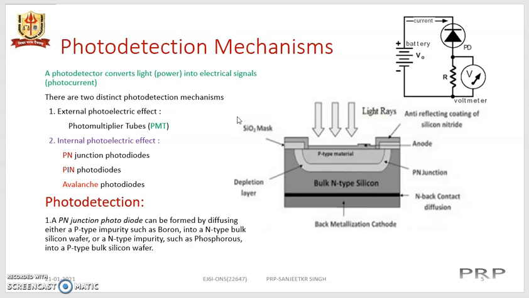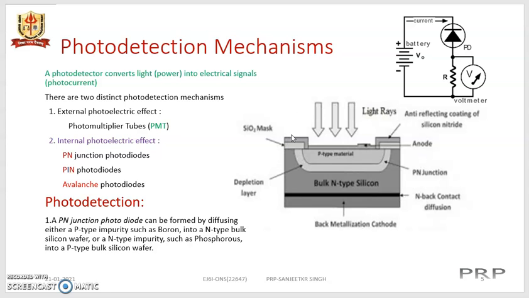Now there are two distinct photodetection mechanisms. The first one is the external photoelectric effect and the second is the internal photoelectric effect. The external photoelectric effect includes the photomultiplier tube, and the internal photoelectric effect includes PN junction photodiodes, PIN photodiodes and avalanche photodiodes.